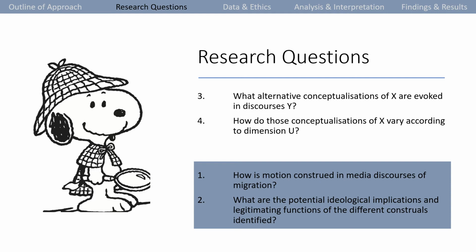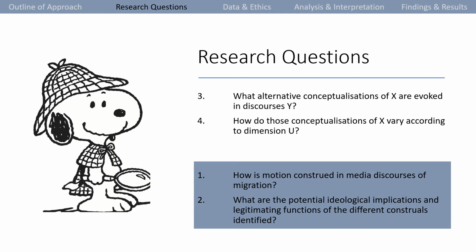Any comparative dimension that features in your analysis should be built into your research questions. Here you'll be addressing two secondary questions. Firstly, what are the alternative conceptualizations of X evoked in different discourses Y? And secondly, how do those conceptualizations vary according to dimension U, which is your variable such as speaker or time?